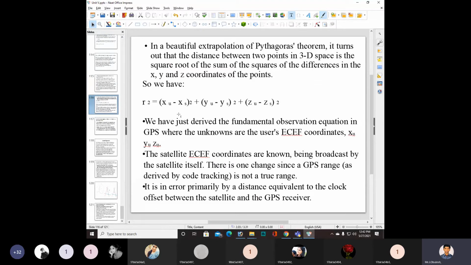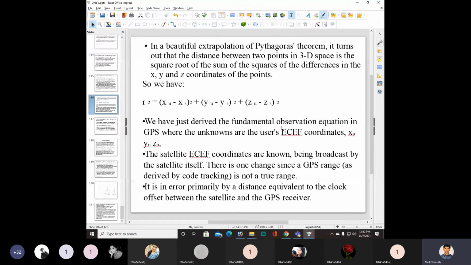By a beautiful extension of the Pythagorean theorem, it turns out that the distance between two points in three-dimensional space is the square root of the sum of squares of the differences in the x, y and z coordinates of the points. In two dimensions we take only x and y coordinates; here you need to take x, y and z coordinates.